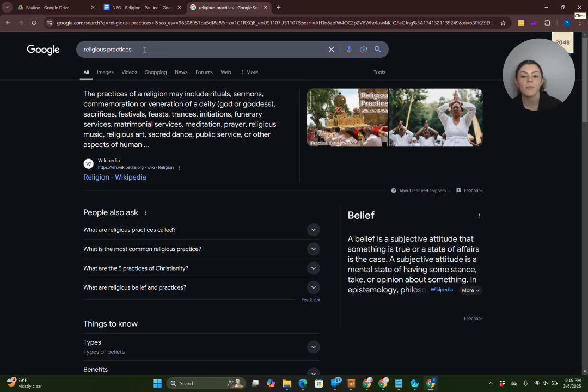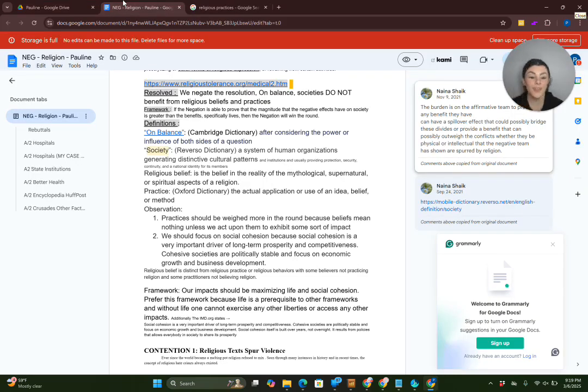Religious practices are stuff like rituals, going to church, prayer. So the reason I want to ask that question is because if the opponent is talking about wars, I can say that's not a religious practice. Just because someone is going to war for their God, that doesn't mean that the religious belief and the religious practice itself is bad, right?